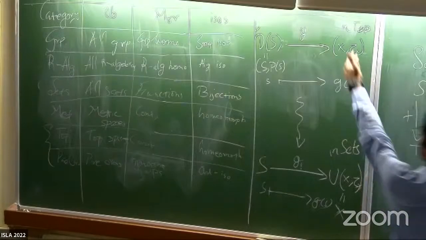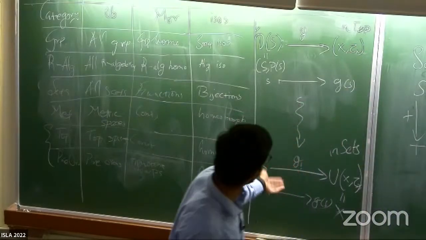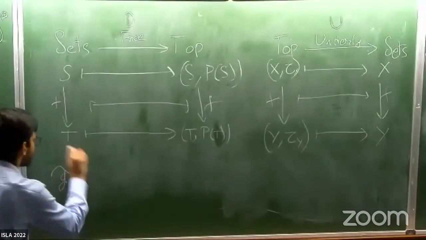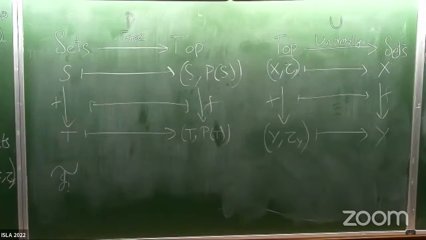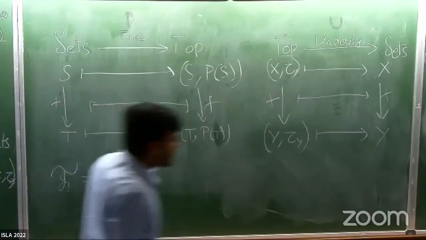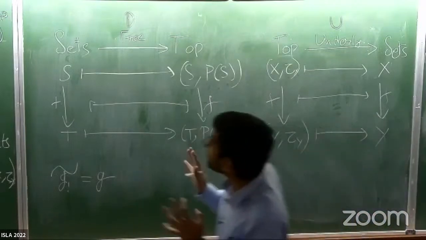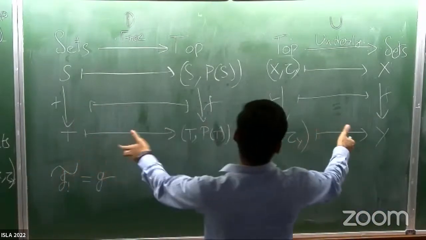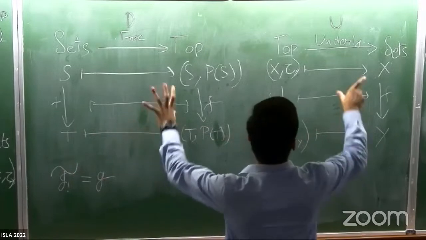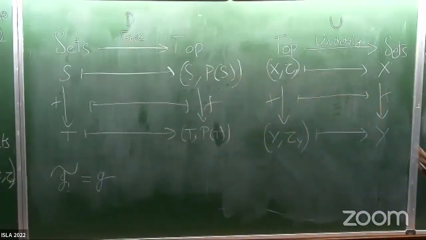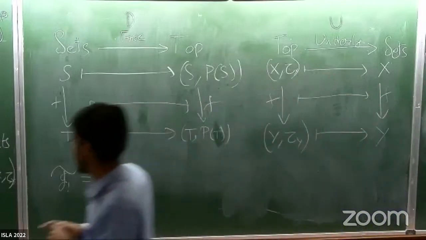From Sets to Top, from Top to Sets, and a simple verification will tell you that G shriek and its tilde, that will be a map in Top again, using the same procedure, will give you back G. And this is a very nice result of our intuition that these two things were supposed to capture some sense of being opposite of each other in least effort possible.